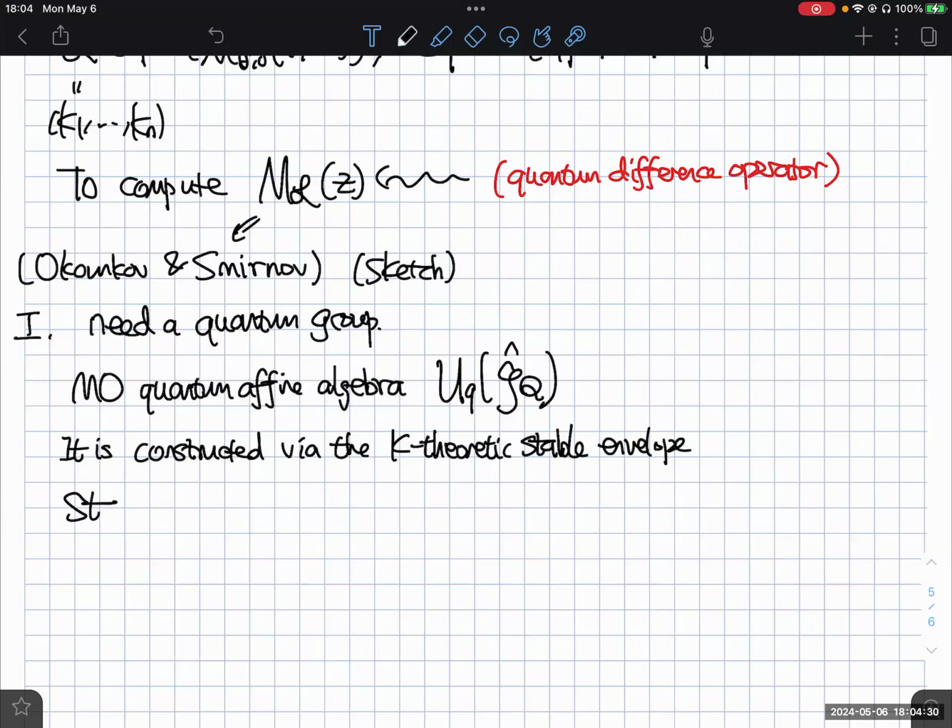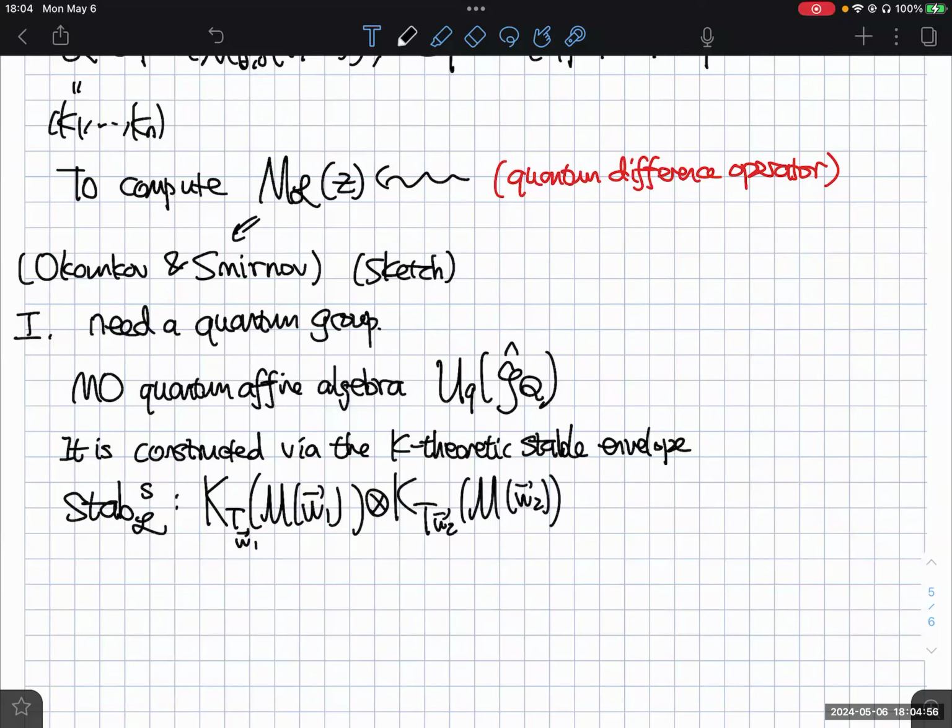This stable envelope, I can take it as S_L from K theory of, for example, M1 times M2.